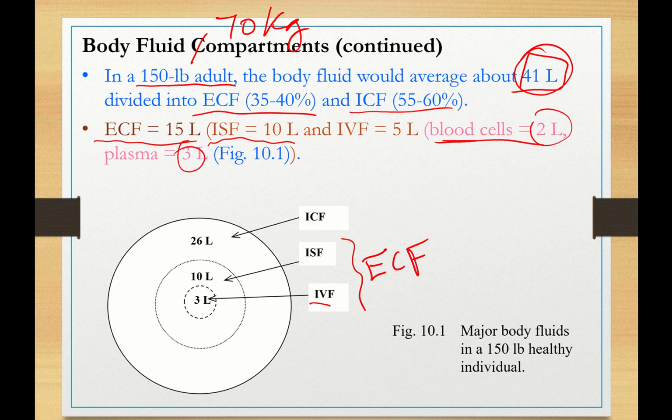So our extracellular body fluids, for a normal weight adult, is 10 liters of interstitial fluid, that goes to tissues, but is still close to the blood circulation, separated by the leaky capillaries, right? And 3 liters, which is the plasma, of intravascular fluid. Now notice the discontinuous line that I have here.